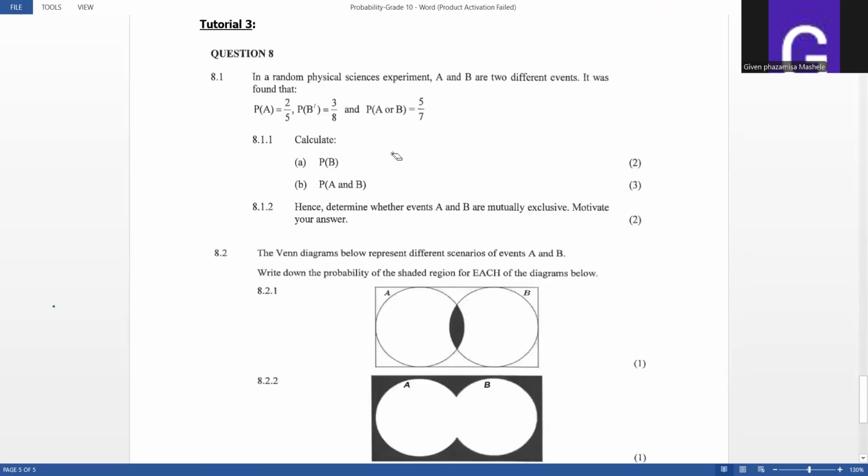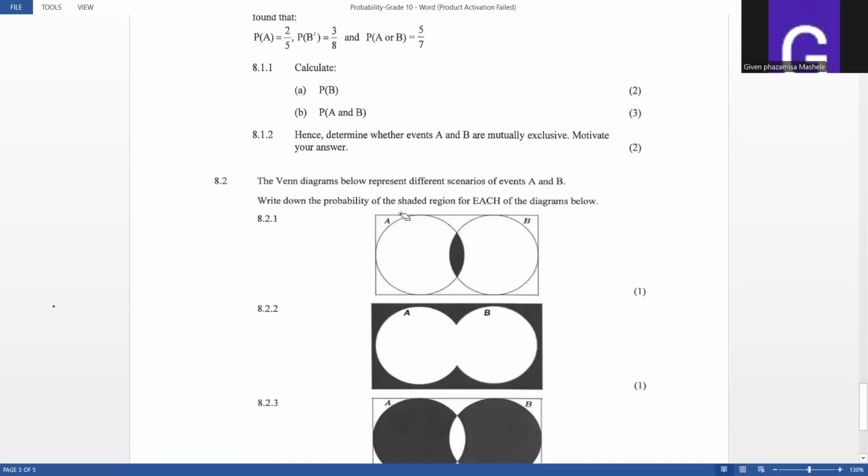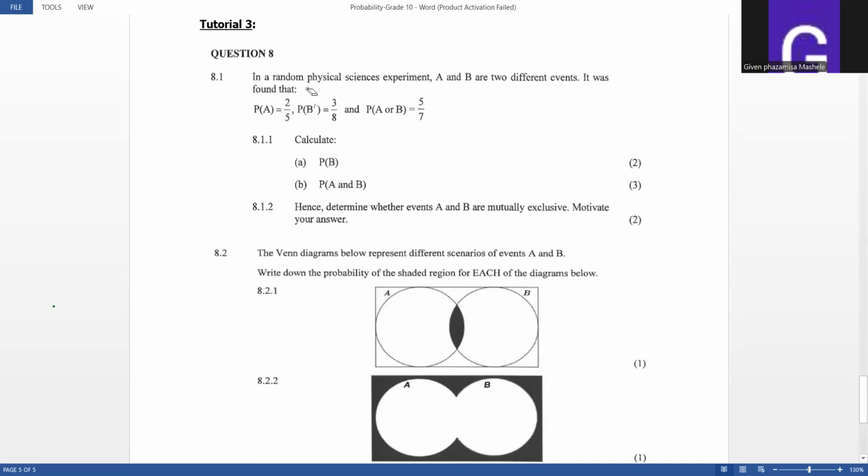There's another example here. It says, in a random physical science experiment, A and B are 2 different events. They did not say anything about mutually exclusive. It was found that, let's write all the information, the probability of A is 2 over 5.